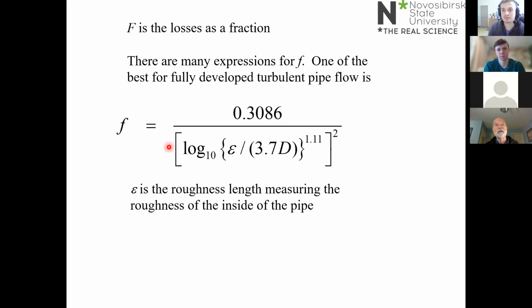A very simple expression for it is shown in this slide here. There are many, many expressions for little f. This is just a simple one that I happened to come across a number of years ago when I was starting to write these notes. And it conveys the basic features of the frictional losses in the pipe.